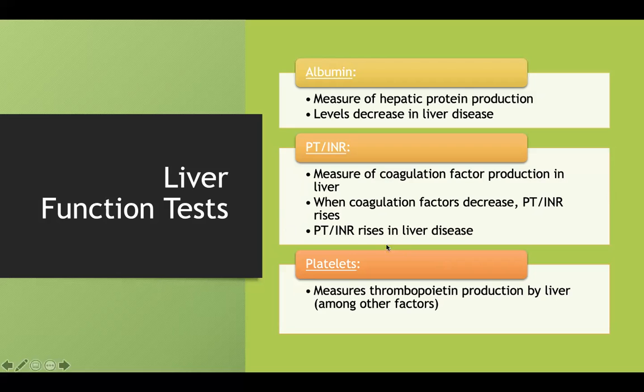I'll talk about this later when we talk about cirrhosis, but just as a heads up, INR is the most reliable indicator of liver dysfunction, even more so than albumin. It's more accurate.